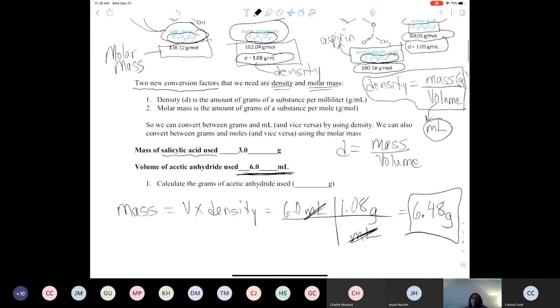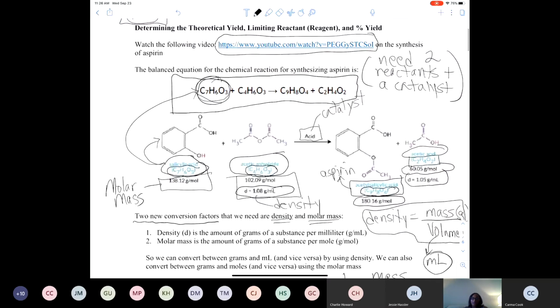And with our balanced chemical reaction, we notice that there aren't any coefficients in front of either our reactants or products. And so we said that when there's not a coefficient in front of a reactant or a product in a balanced chemical reaction, then it's understood to be 1.